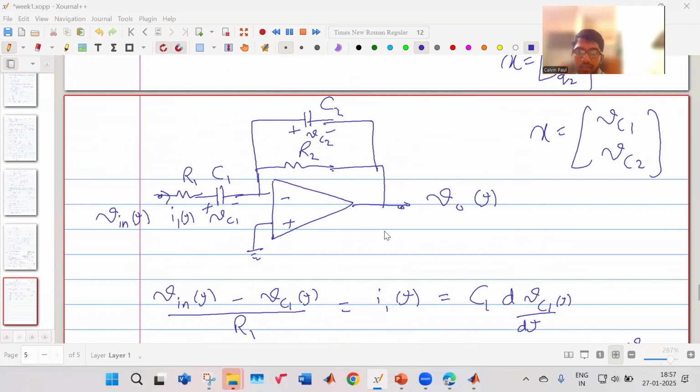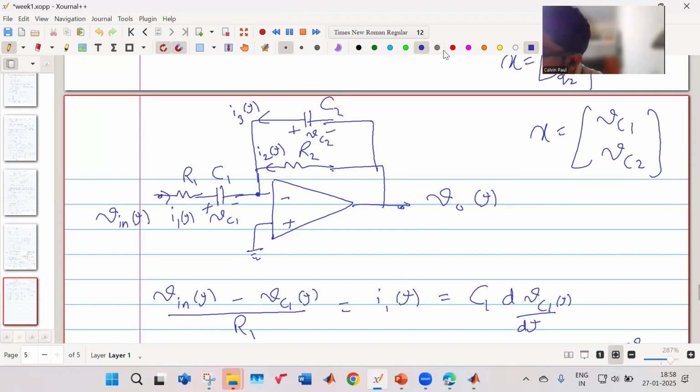Okay, so now let us try to find it for the output side. This is VC2, and similarly this also is VC2. Let this be the current I3 of t, and there's a current I2 of t. We are following the same convention. This voltage over here is 0, and there's a voltage V output.